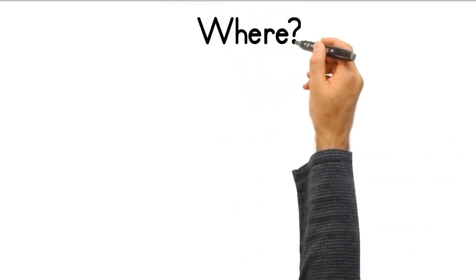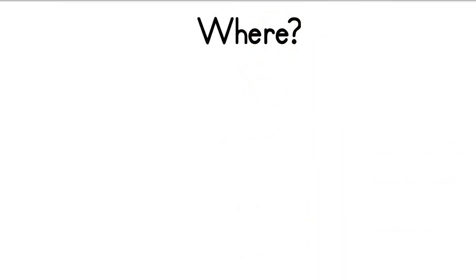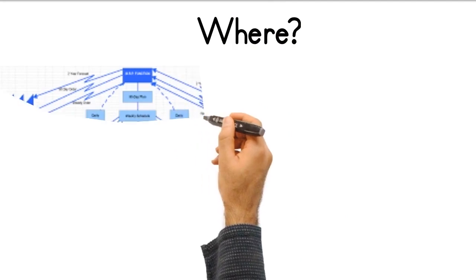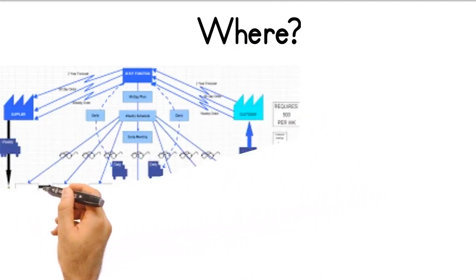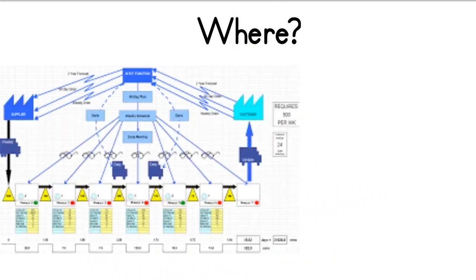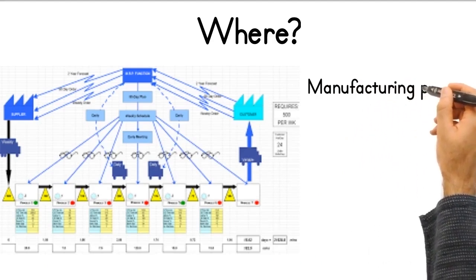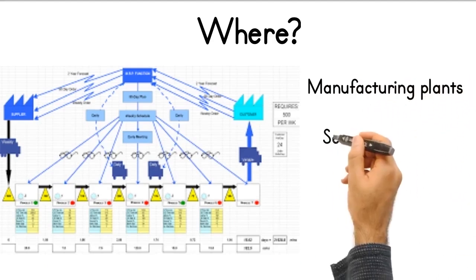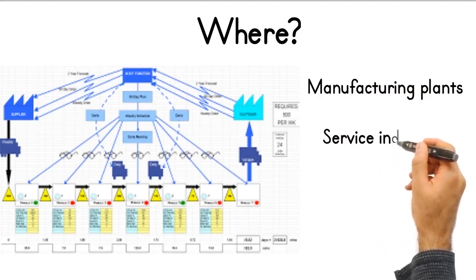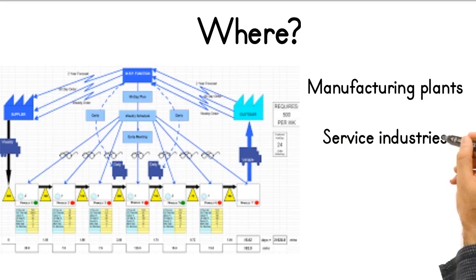Value stream mapping can be applied in a wide variety of industries and business functions. Common applications include manufacturing plants, to optimize production lines and material flows, ensuring efficient use of resources. Service industries, in service delivery processes, such as call centers, healthcare, or financial services, to improve customer satisfaction and efficiency.